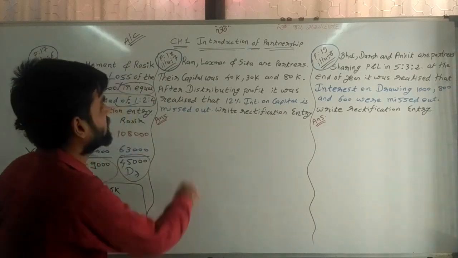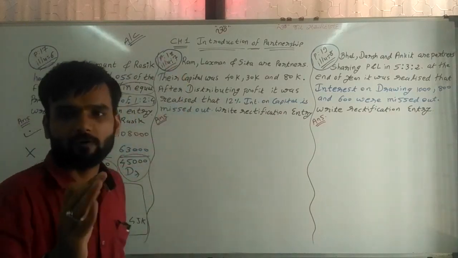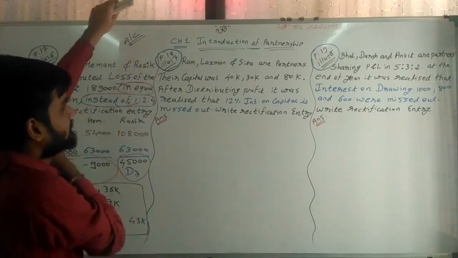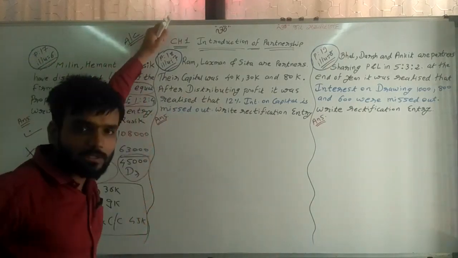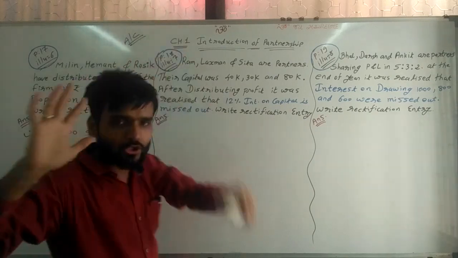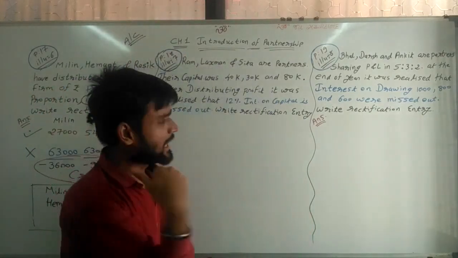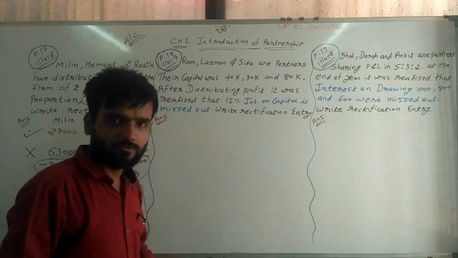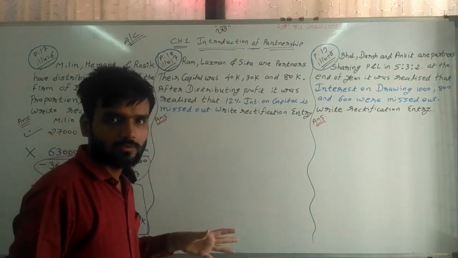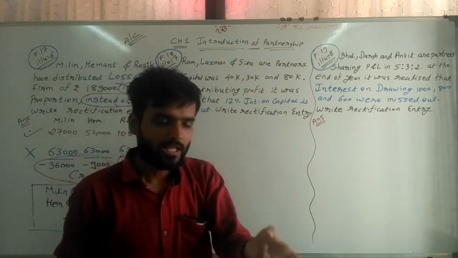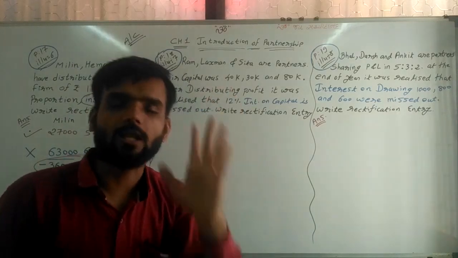Now we are starting with illustration number 7. Now try to understand illustration number 7. So one question related to profit and loss. Now these questions which we are going to take are related to interest on drawing and interest on capital.